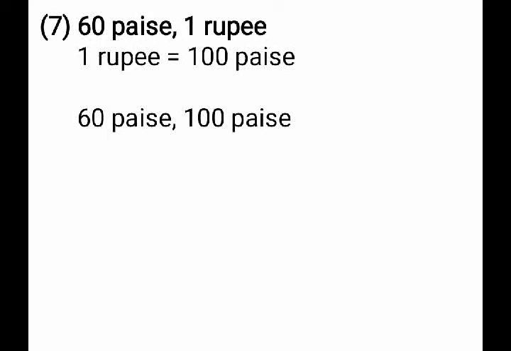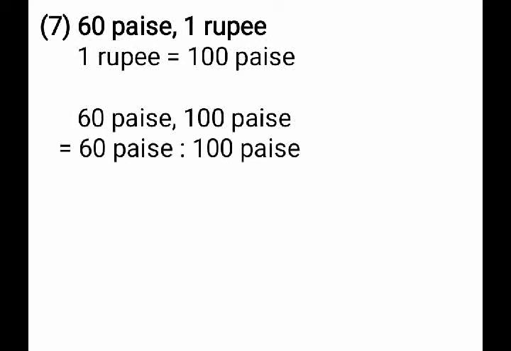You have to write the ratio form of first quantity to the second quantity. That is equal to 60 paise is to 100 paise. The fraction form of first quantity to the second quantity is 60 upon 100. Cancel the zeros. What will remain? 6 upon 10. Number 6 and number 10 is going same table 2.